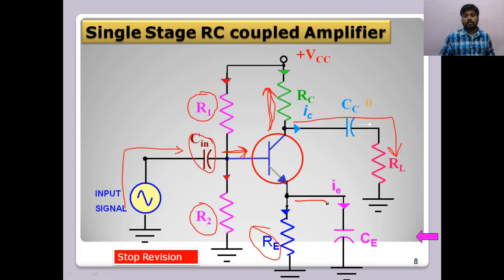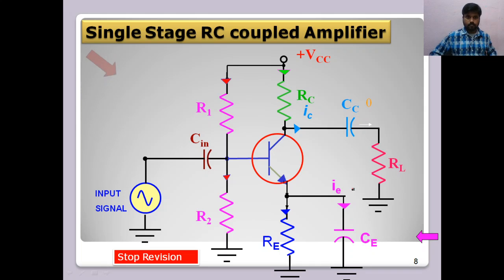And here the CE is the emitter bypass capacitor.